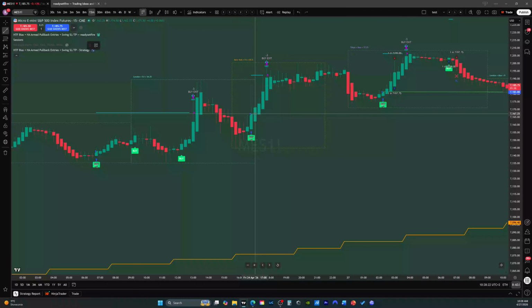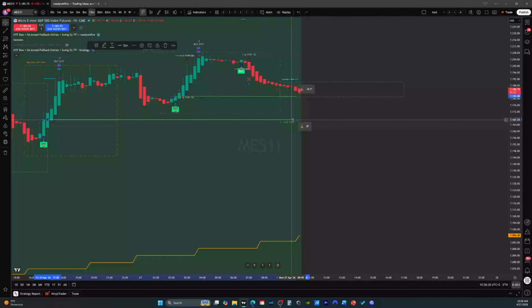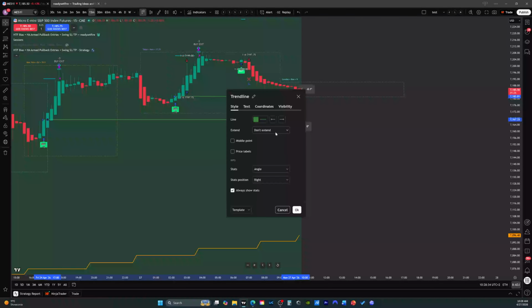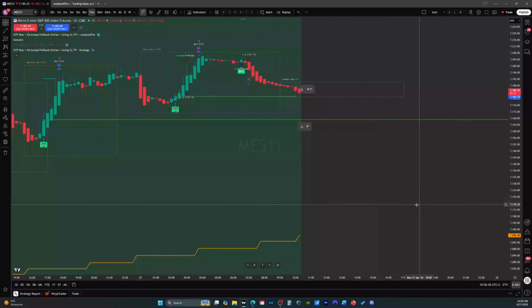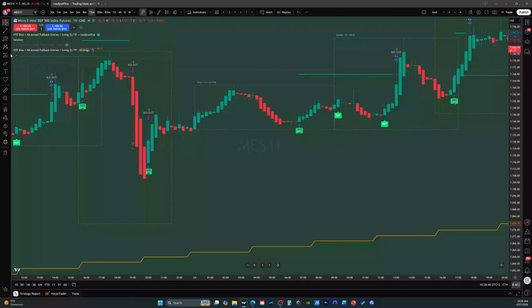Another possible entry might be once price comes to this level. We'll see. But let's go back. Here, price revisits the level, you enter again.